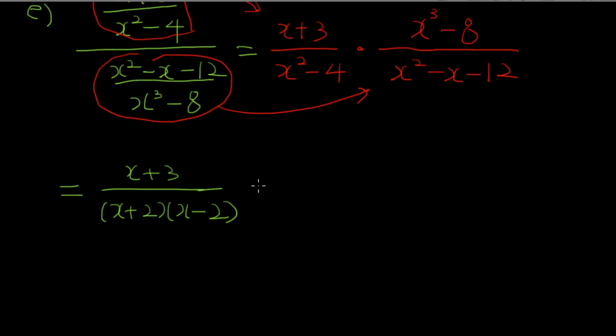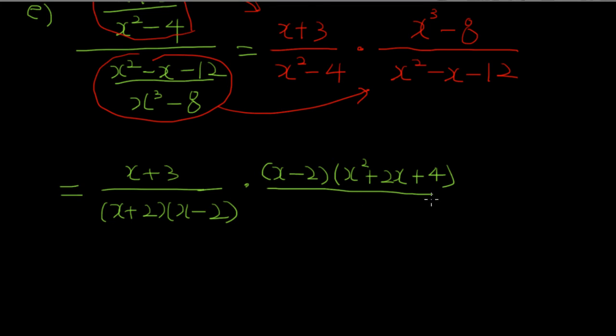This times, remember that formula, so this would be x minus 2 and x squared plus 2x plus 4, right? Plus 4.